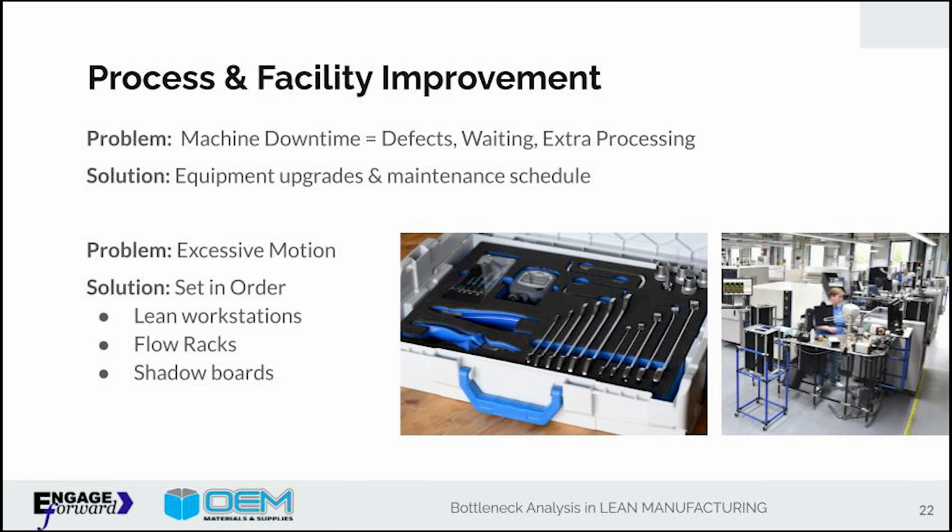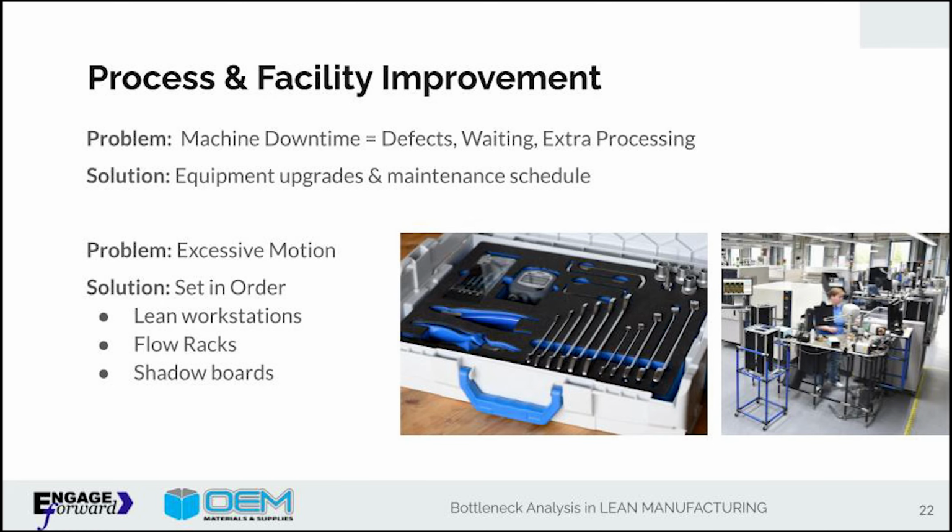Then the number 2 waste is excessive motion. And we address that by creating a very effective work cell. And this work cell will involve the workstation, it will involve flow racks, and probably visual cues for the tools that are needed.